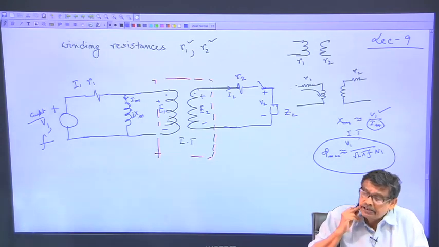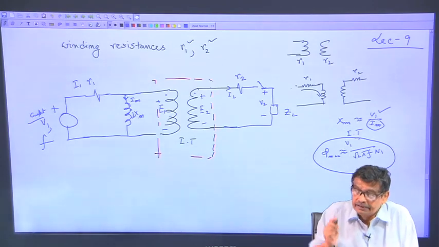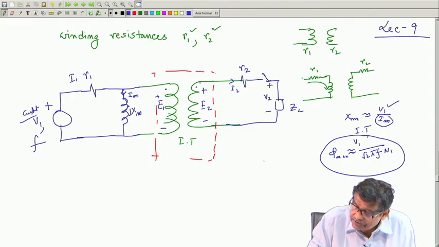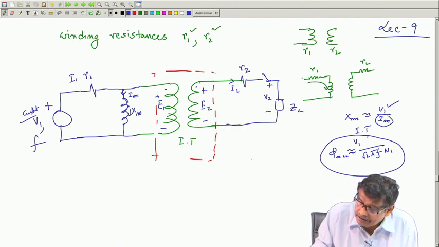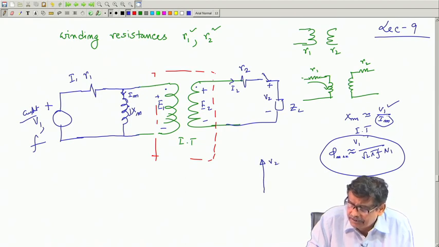How to start the phasor diagram drawing? I will do it like this. It will be slightly clumsy, but let it be, and follow my argument. You draw V 2 first, whatever it will be.